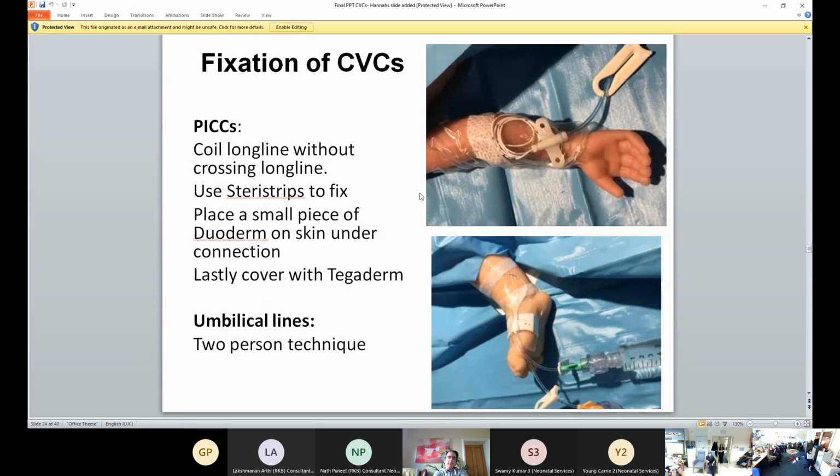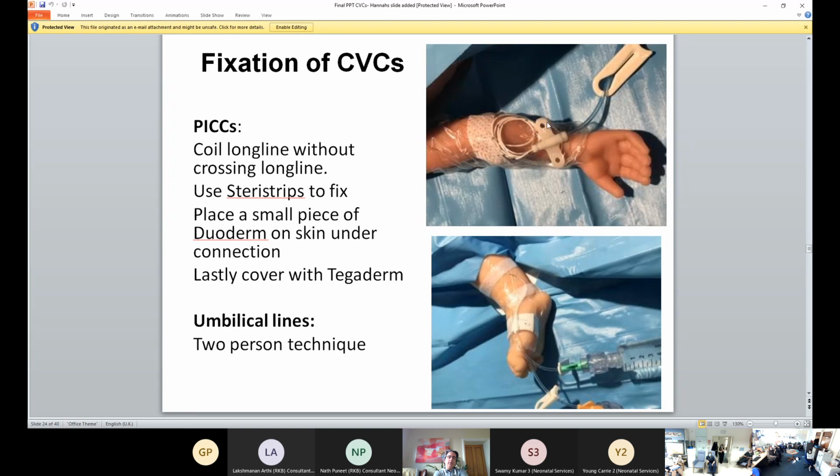The fixation, everybody knows how we fix the long lines. Just a very quick reminder that for the long line, we coil the long line in circles, and these circles shouldn't cross the long line itself, otherwise it will lead to obstruction. And these circles will be fixed by steri-strips. And most importantly is the duoderm.